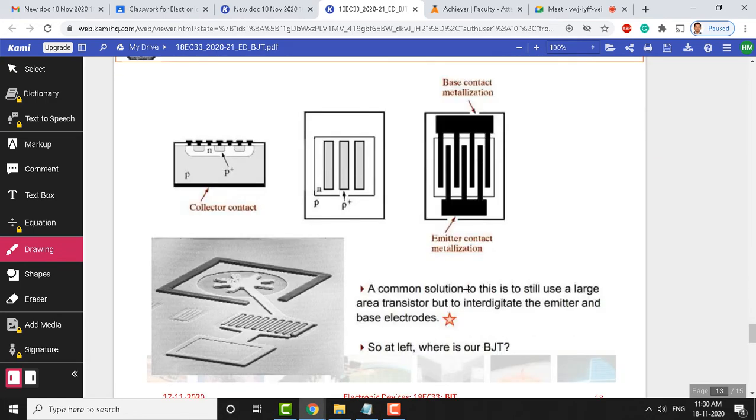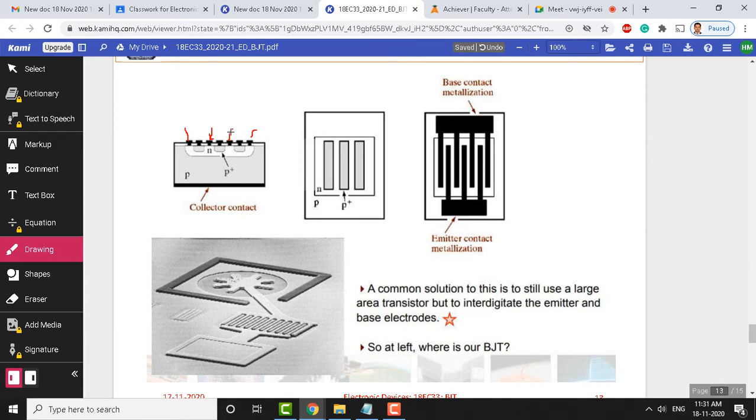This is one possible way of designing a transistor, as shown here. These are the base terminals; let me highlight: this is a base here, a base here, a base here. Between the base terminals there are now multiple emitter terminals.